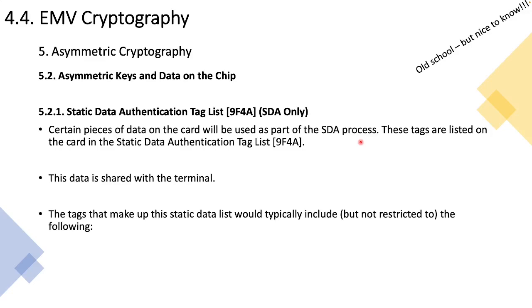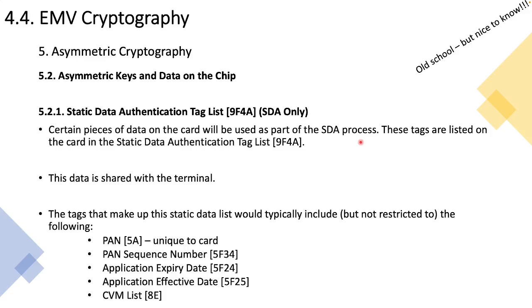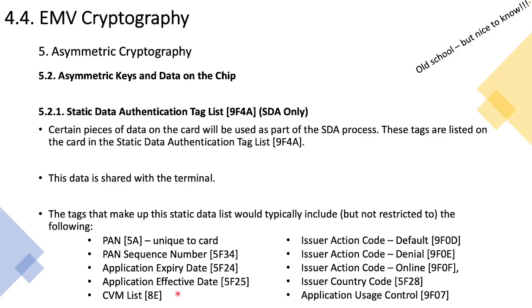There could be additional tags, but these are the basic ones that would almost always be there. You'll see things like the PAN sequence number, application expiry date, application effective date, and the CVM list. These are all tags that we've covered in the EMV issuing parameter videos, so you should be familiar with these. Same with the issuer action codes, all 3 of them, issuer country code and application usage control. So these make up the static data authentication tag list.